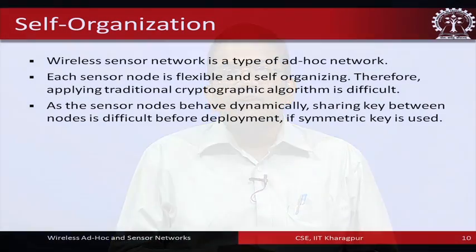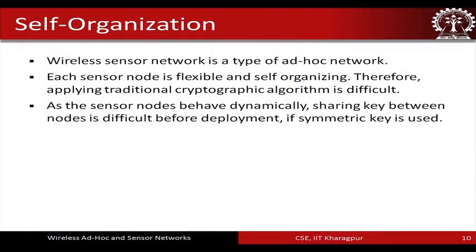Whereas in a self-organizing network, the topology changes in different ways. Physical topology may also change, but due to sleep scheduling, etc., the logical, virtual topology can also change. And because of which the application of traditional cryptographic mechanisms is difficult. So, you cannot use them.